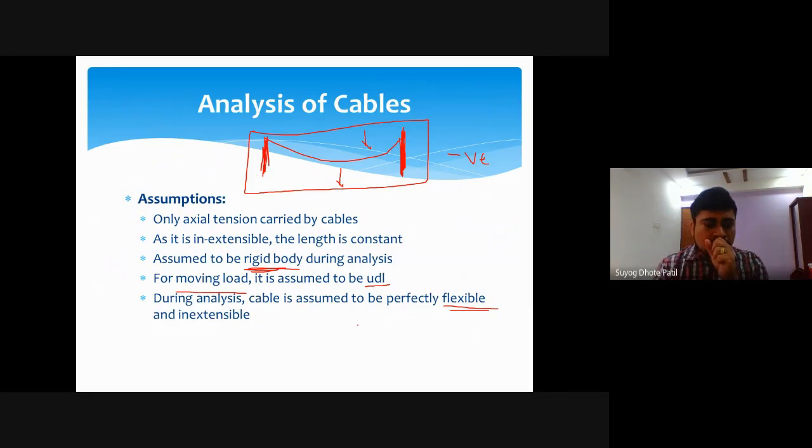What will be the effect of a rise in temperature, and what will be the effect of lowering the temperature; all this we can calculate on these cables. After application of loads on the cable, all the external load is neutralized by axial tension only.